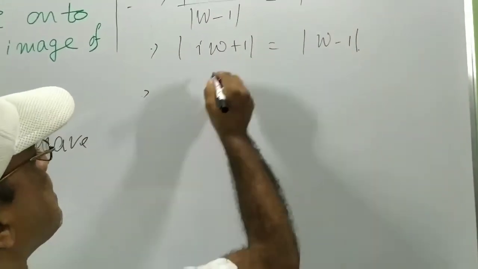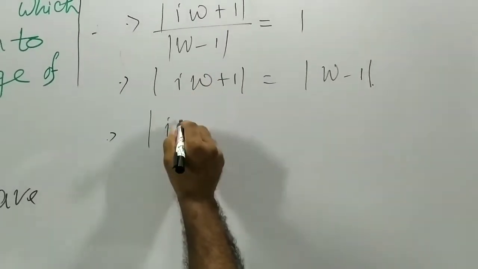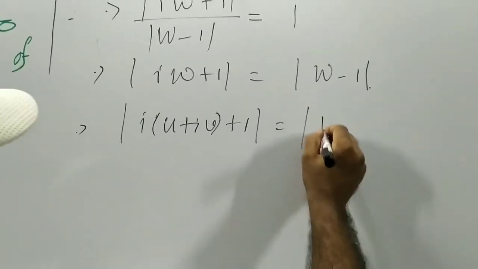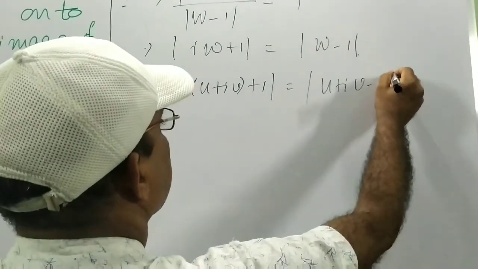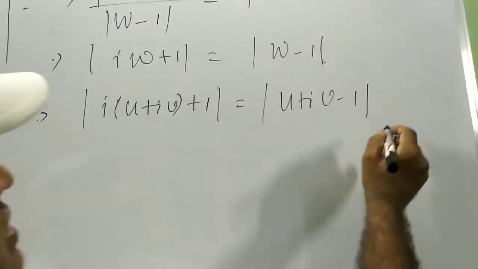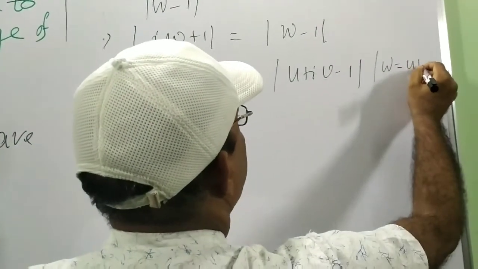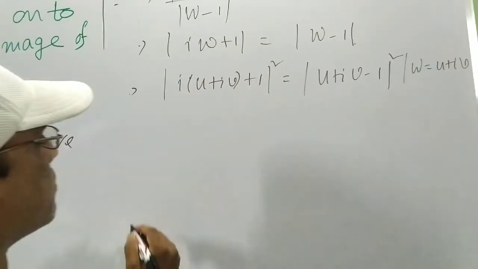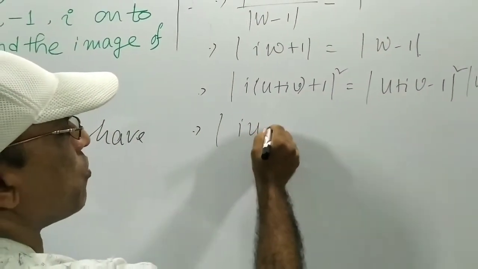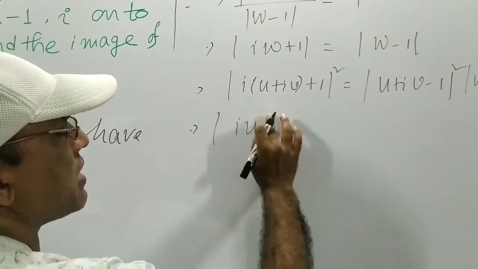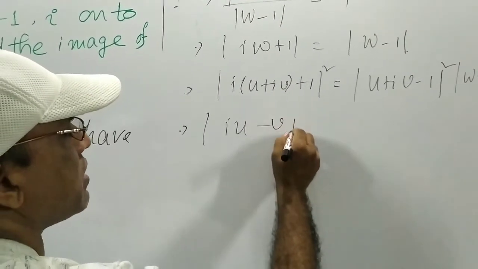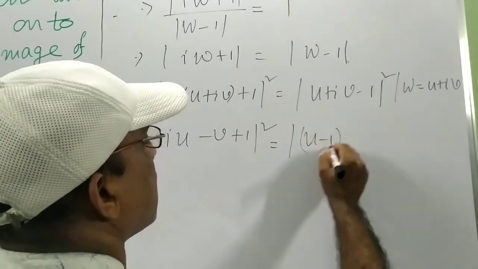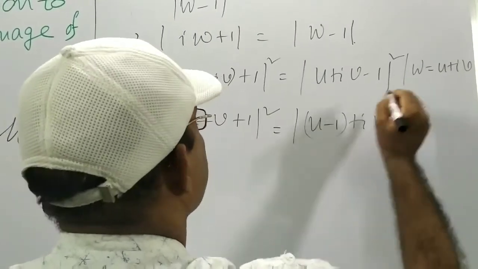So squaring both sides and putting w equal to u plus iv, we get mod of (iu plus i squared v plus 1), where i squared means minus 1, so (1 minus v) plus iu, whole squared, equal to (u minus 1) plus iv, whole squared.